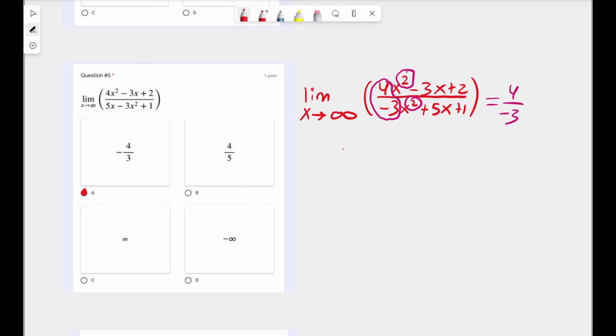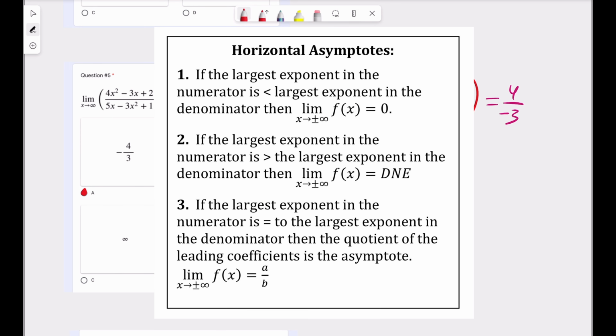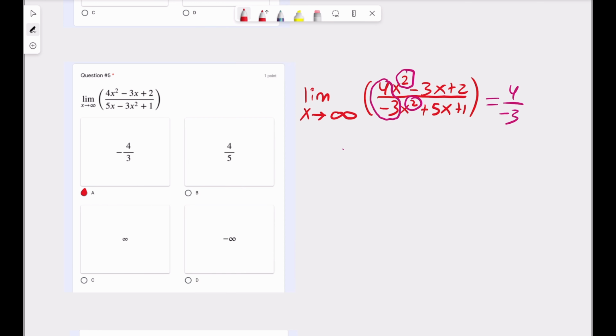And what happens if the highest degree in the numerator is greater than the highest degree in the denominator? Well, our limit would be either positive infinity or negative infinity, depending on the degree and the coefficient of the leading terms of the polynomial.